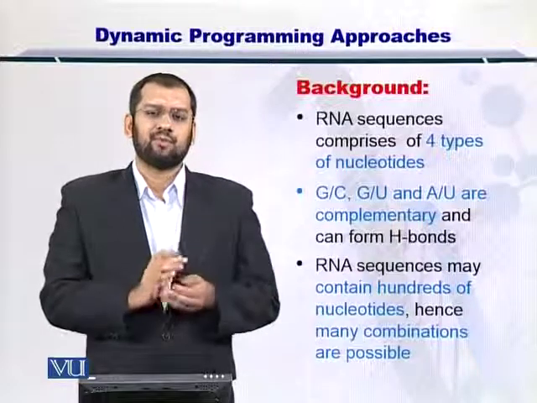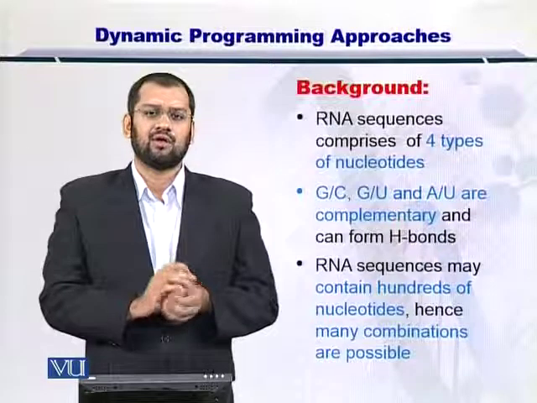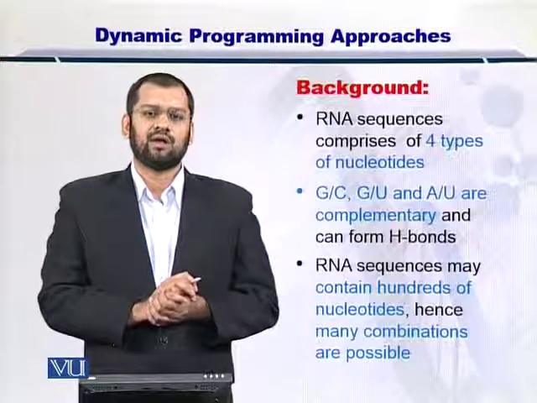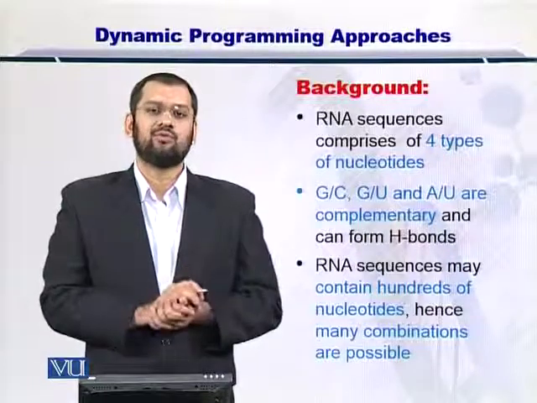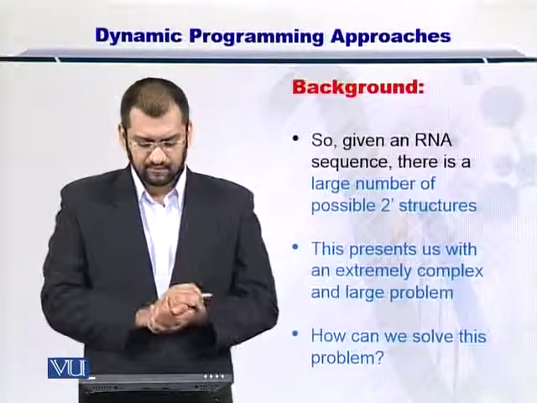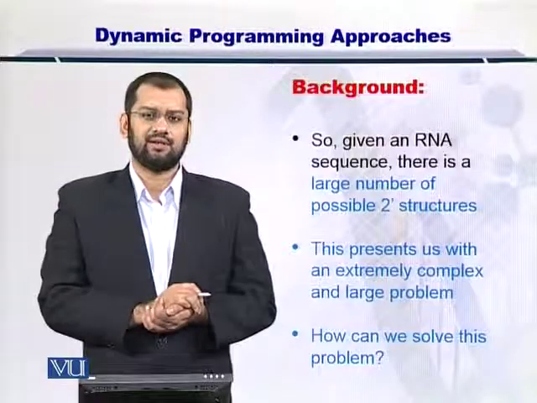So if there are so many possible combinations that can be formed as a result of these complementary base pairings, then how can we come up with the best solution for the secondary structure prediction? So one way is that we compute all such possibilities.